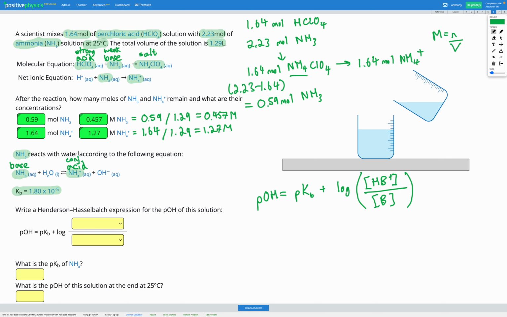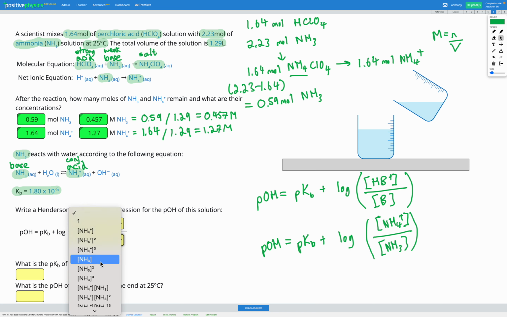So in this question, NH3 is our base. So that's going to be on the bottom of our fraction. And our conjugate acid is NH4 plus. That's going to be on the top of our fraction. So that's going to be our Henderson-Hasselbalch equation for ammonia, NH3. So we can go ahead and fill that in here. So we've got NH4 plus on the top and we've got NH3 on the bottom.